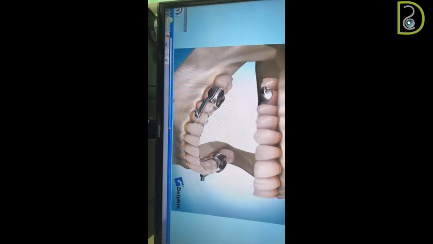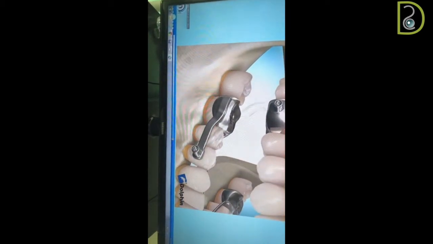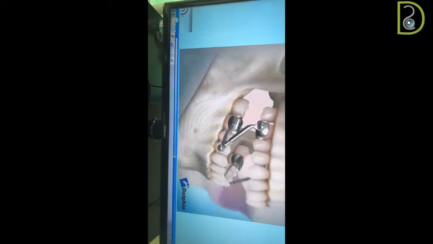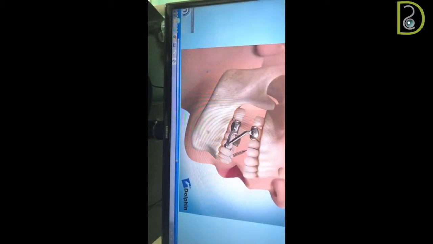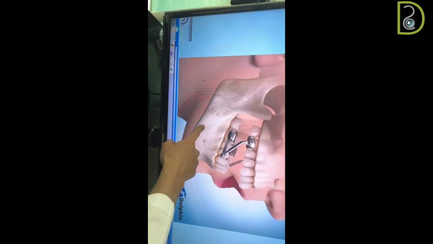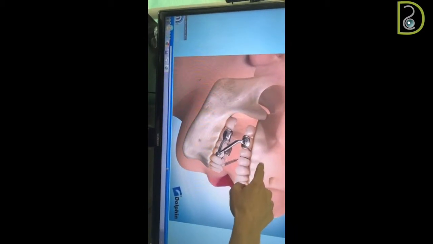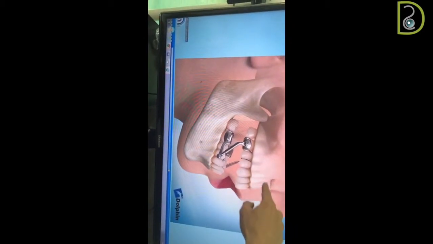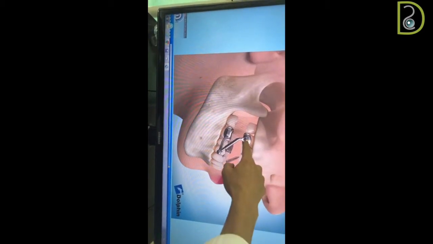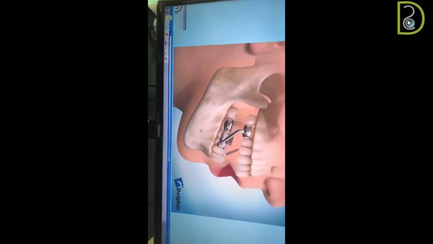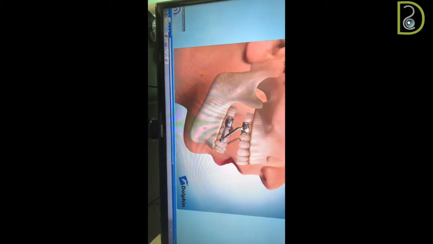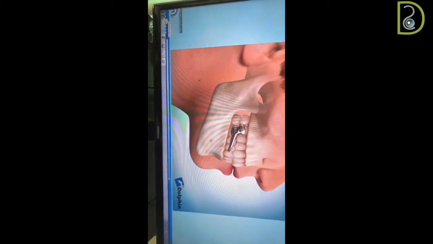So this is important. It has a headgear effect. So you see here, it moves the mandible forward, but for the upper, it restricts the growth of the maxilla. So the maxilla is not growing forward. Usually you get a distalization of the first molar backward. Okay.